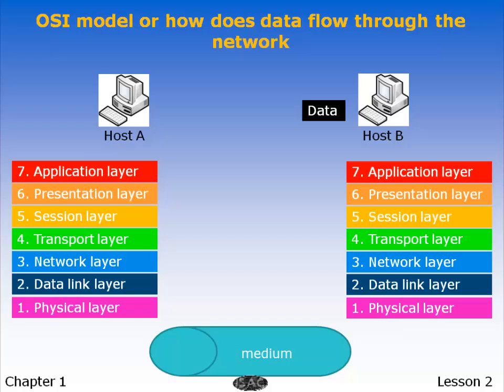This is the main concept of the networking OSI model. This process, when host A adds a header at each layer, from the application layer down to the physical layer, is called encapsulation. Again, encapsulation.